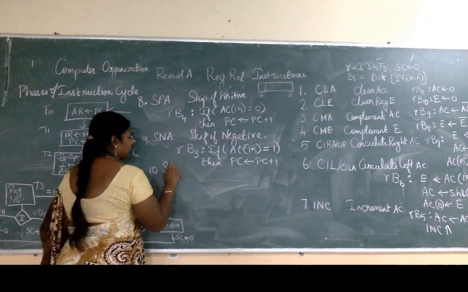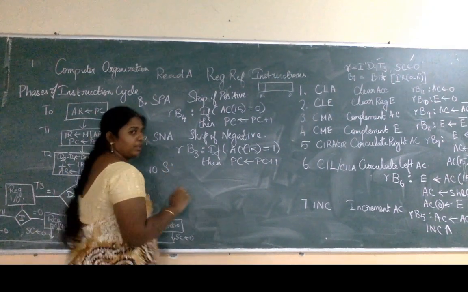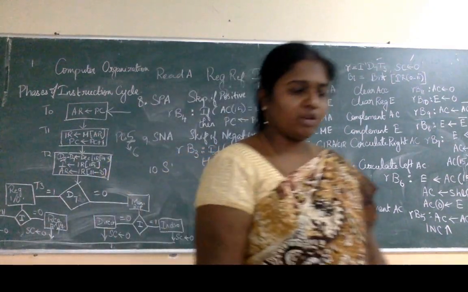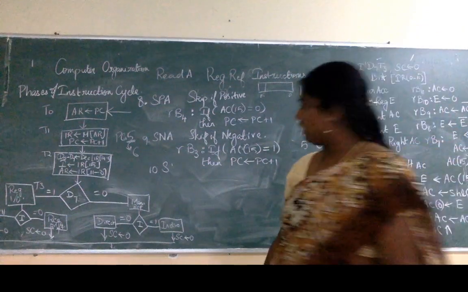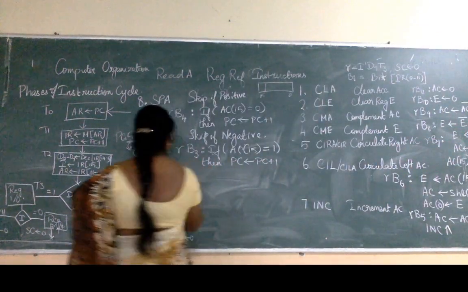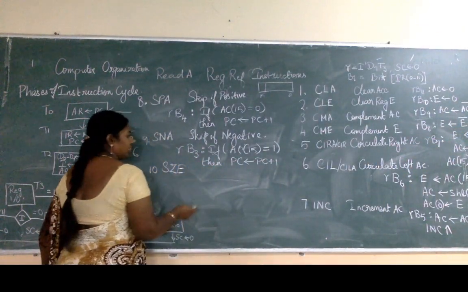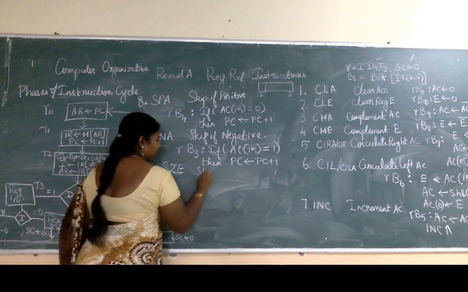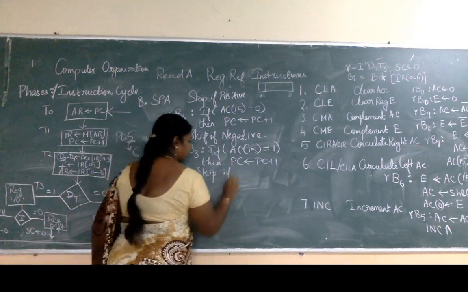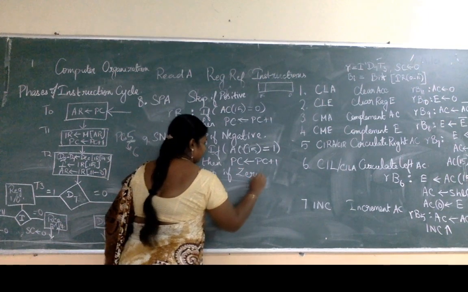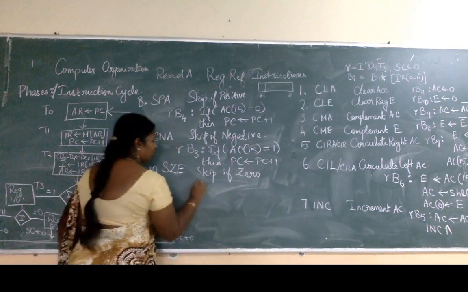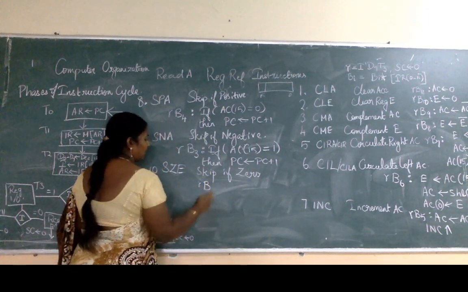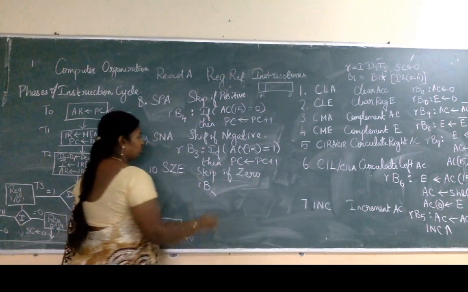The next instruction is skip if 0. Skip if 0 is also done only on the accumulator. The control information is RB2.